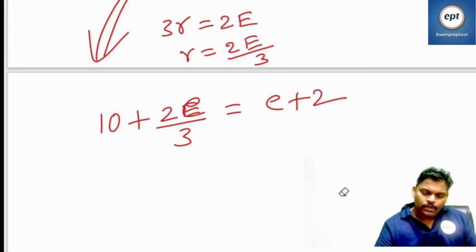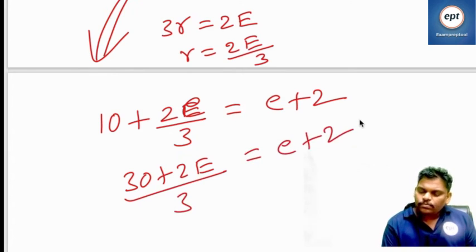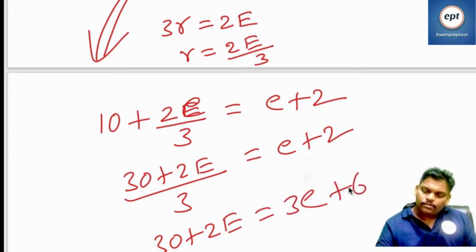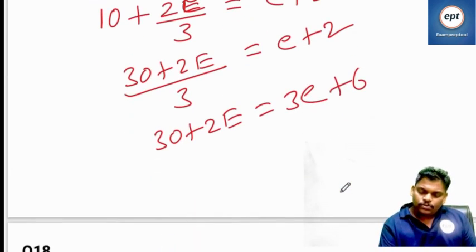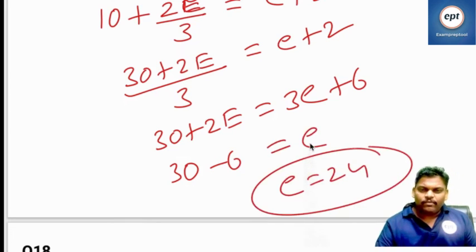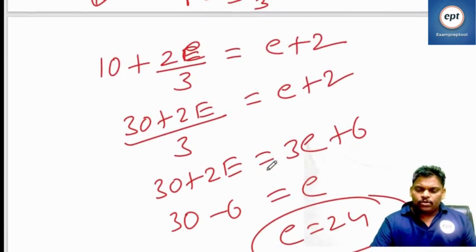So this is 30 plus 2E by 3 is equal to E plus 2. Finally 30 plus 2E is equal to 3E plus 6. Sending E that side, 30 minus 6 is equal to E. E is equal to 24. Do whatever way you like, that is the answer. Check one time properly.